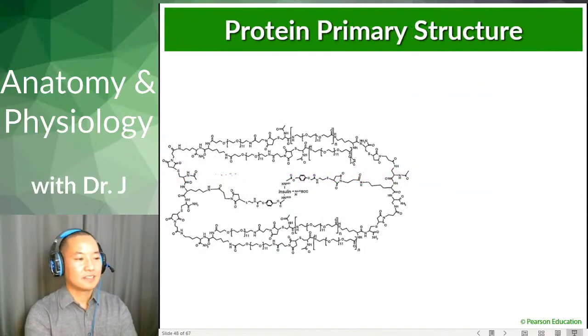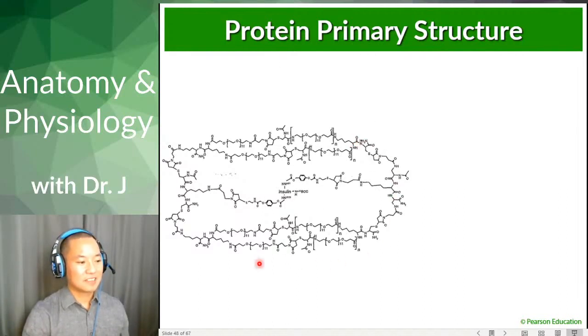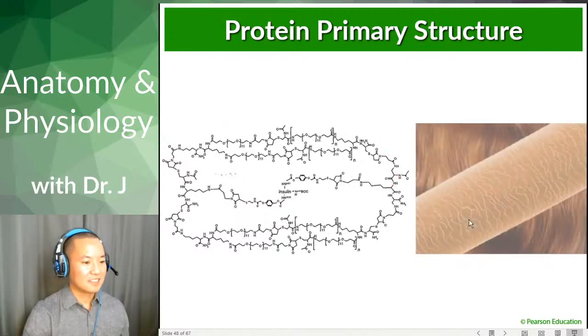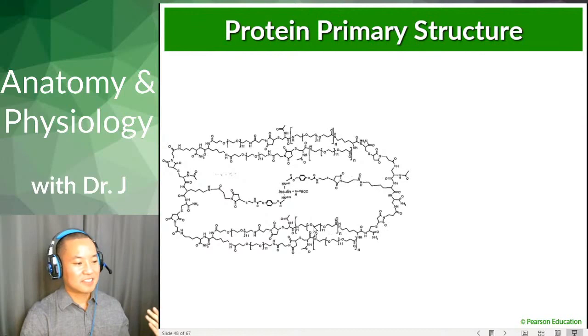All right, so here's a protein primary structure. All these amino acids are linked together in a long chain. I like to use an analogy. This is actually insulin, but when you see a picture of insulin, they typically don't show all the atoms linked together, because as you can see, it's very complex.